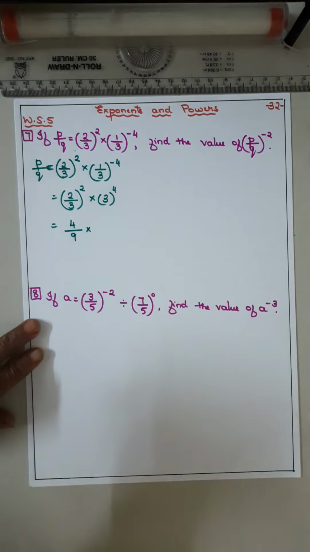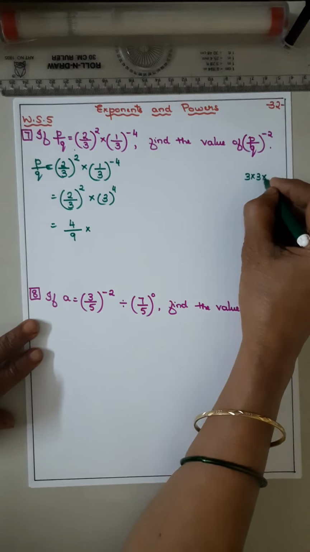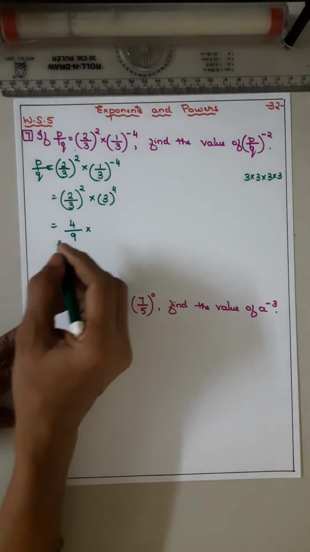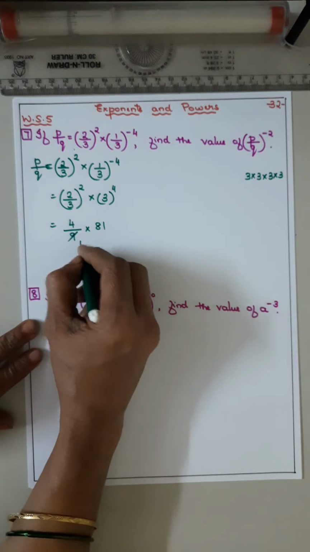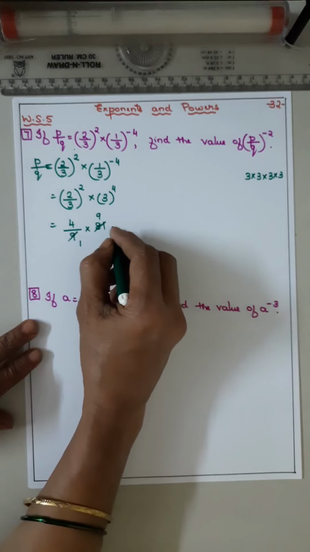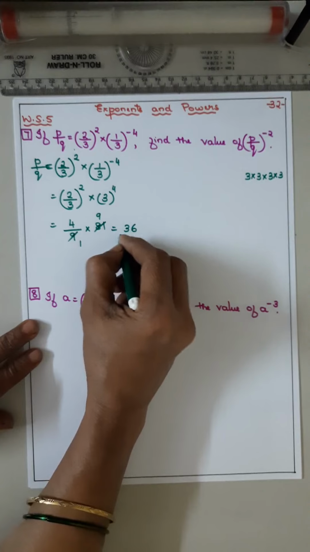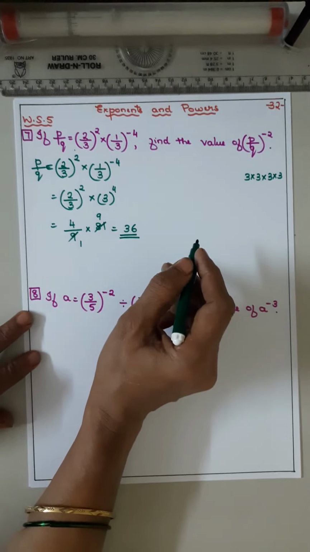Now 3 to the power 4: 3 3s are 9, 9 3s are 27, 27 3s are 81. So 9 4s are 36. So you got P by Q is equal to 36.